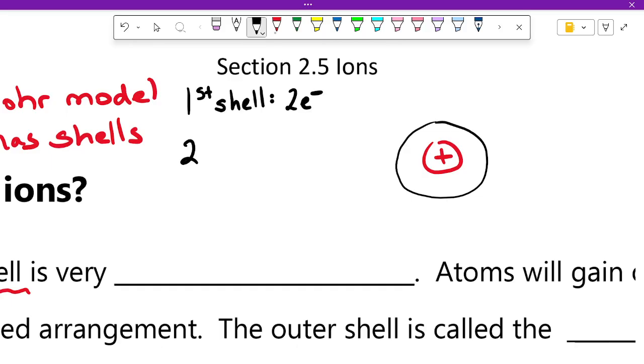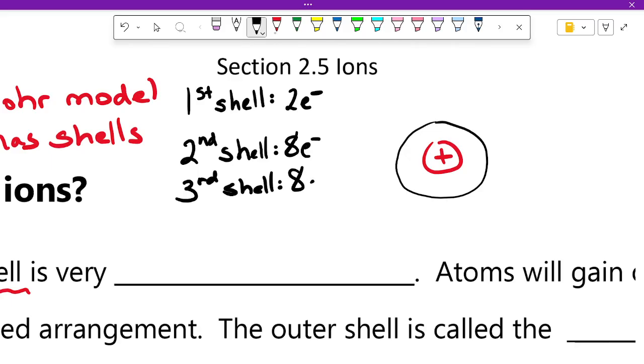How about our second shell? Second shell is full with 8. It's a good thing we're reviewing this. It's been a long time, hey? And then the third shell is full with 8 electrons.